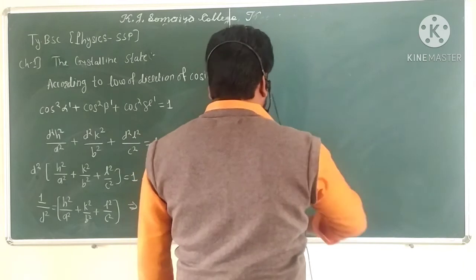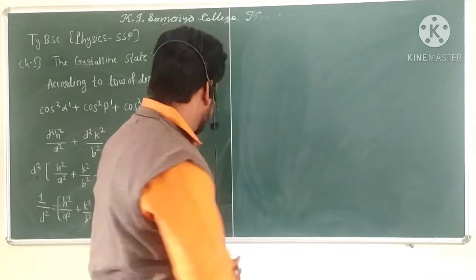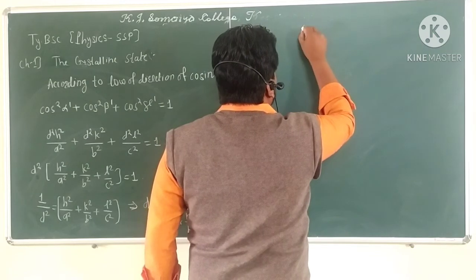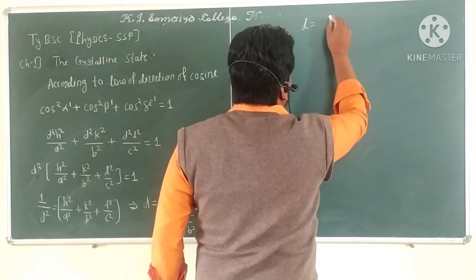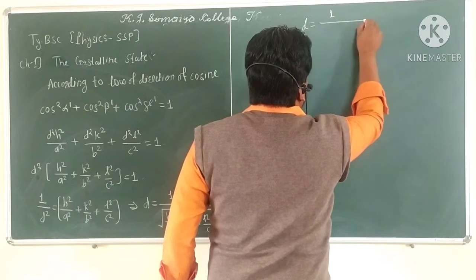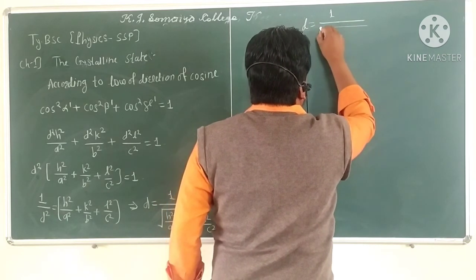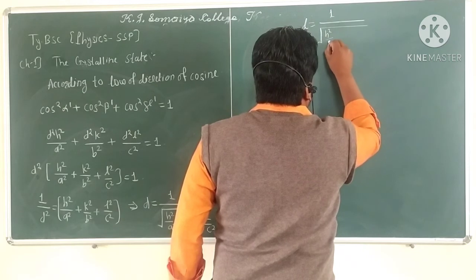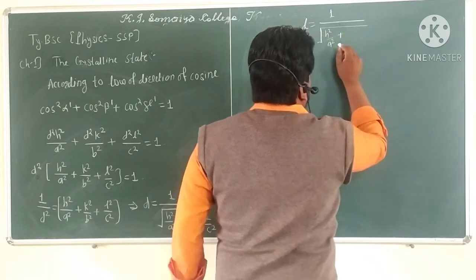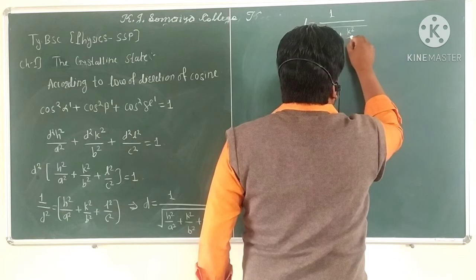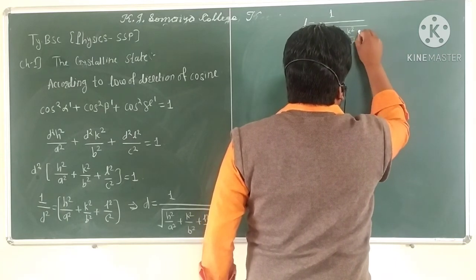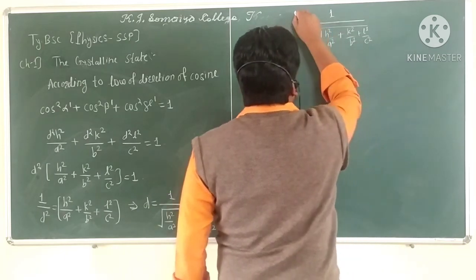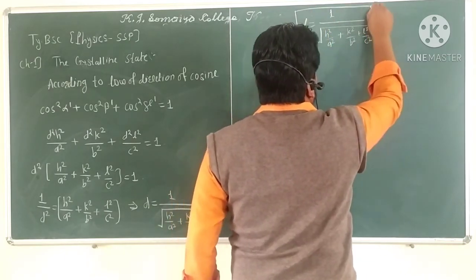So according to this calculation, the value of d which comes here is the main formula: d is equal to 1 upon under root of h square upon a square plus k square upon b square plus l square upon c square. So this is the interplanar distance formula.